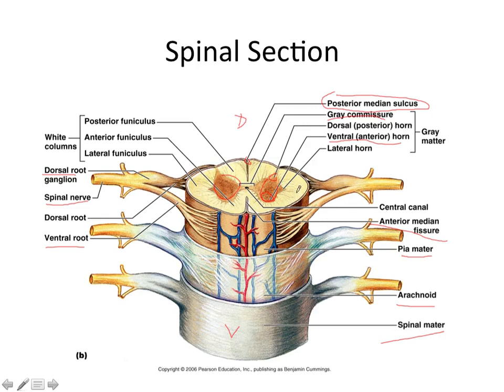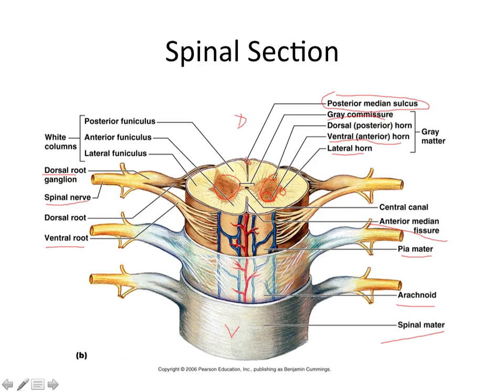This part is called the lateral horn. The anterior horn consists of somatic motor neurons, and the posterior horn consists of somatic sensory neurons. So they have different functions.